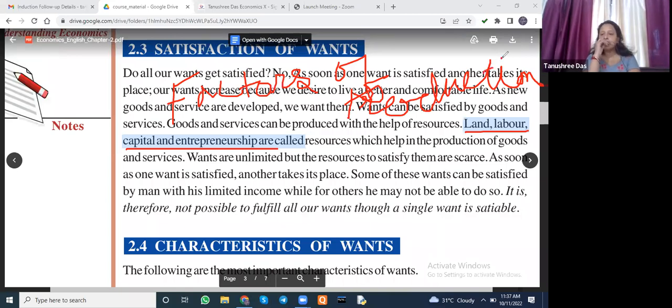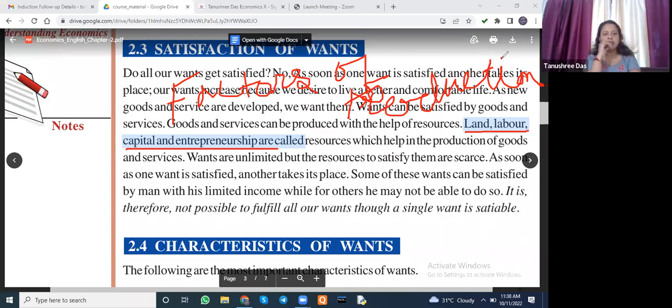With these four factors of production, goods and services are produced so that the wants of human beings can be satisfied. The producers make use of all these four factors, and they are paying for them.